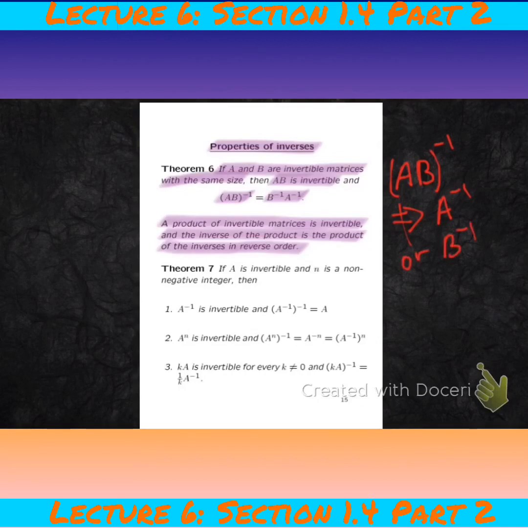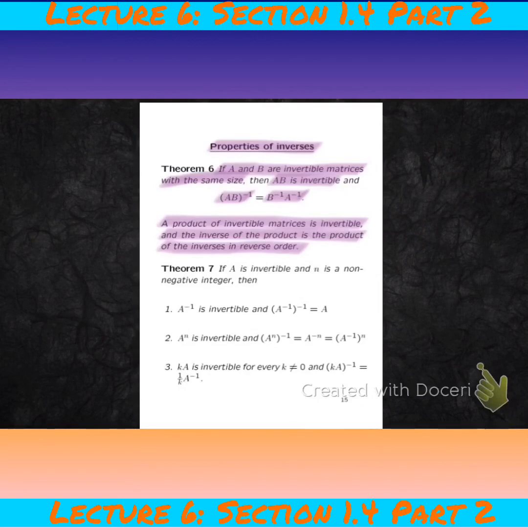If A times B is invertible, it doesn't tell you anything about the invertibility of A or the invertibility of B. So you have to be careful with this theorem. The converse is definitely not true. That is, if A times B is invertible, it does not mean that A and B are invertible matrices. You cannot say anything.